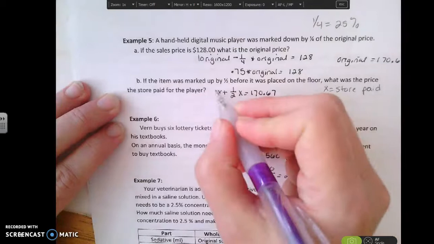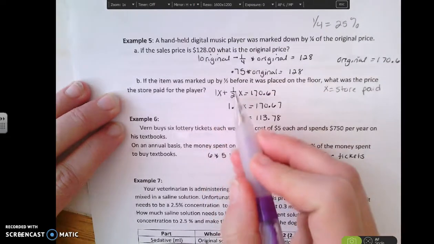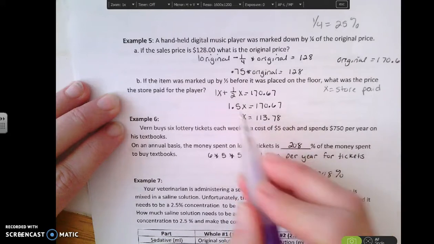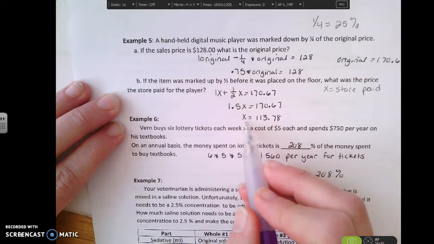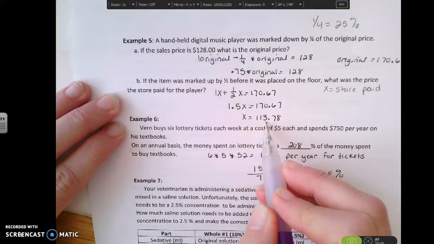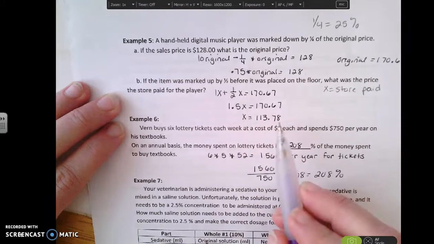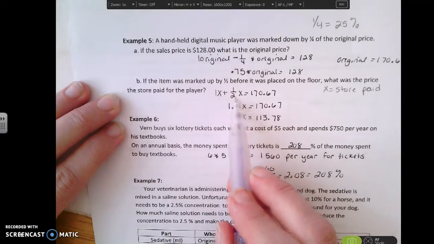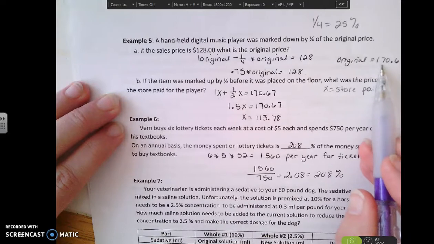So this would be 1 plus 0.5 is 1.5x, and then divide by the 1.5, so x equals $113.78. So the store bought the player for $113. They marked it up and then put it on the shelf for $170.